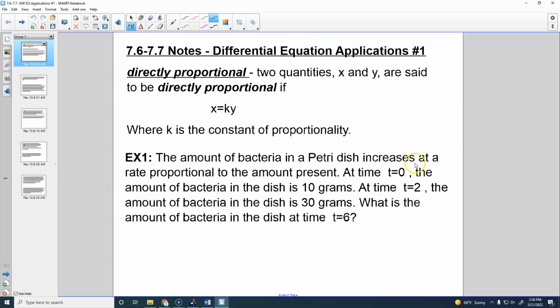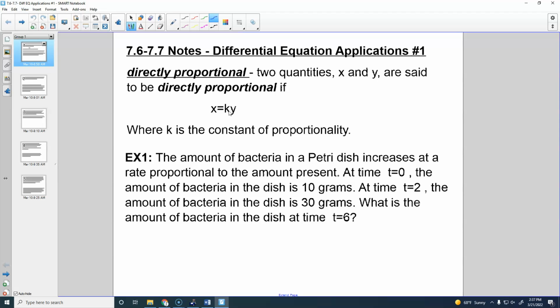To go back to direct proportionality, I think we might have talked about this a little bit, but two quantities, x and y, are said to be directly proportional if x equals ky, where k is some sort of constant, and really the x or y could be switched here.